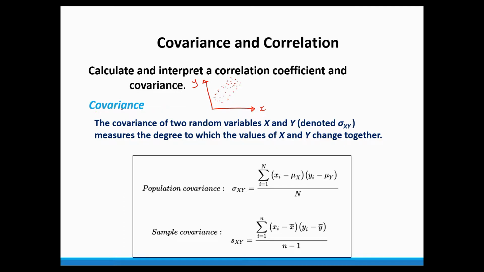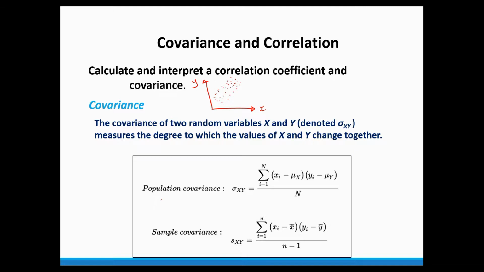So to start with, the covariance of two random variables x and y, denoted by sigma xy, measures the degree to which the values change together.